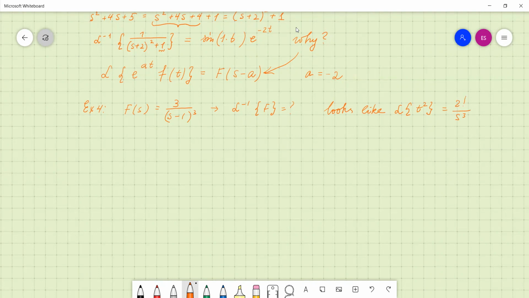Now, what is going to happen when we apply the minus 1 here? Well, that's going to be a shifted Laplace transform. So I'm going to modify my function a little bit to make it fit into this one, right? Because the Laplace transform of t squared equals 2 factorial over s cubed, which is 2 over s cubed.